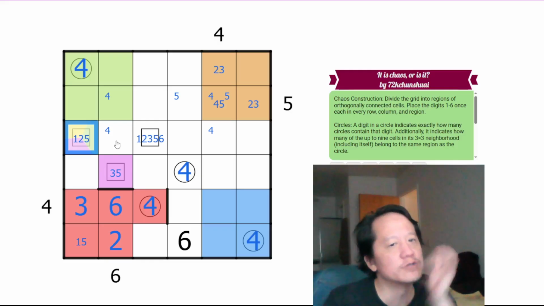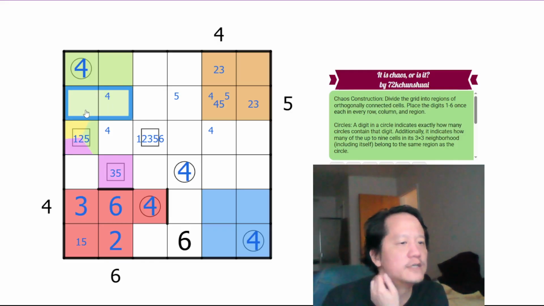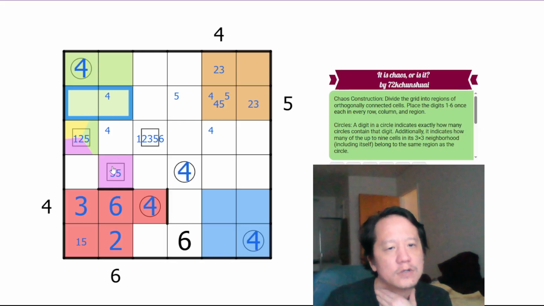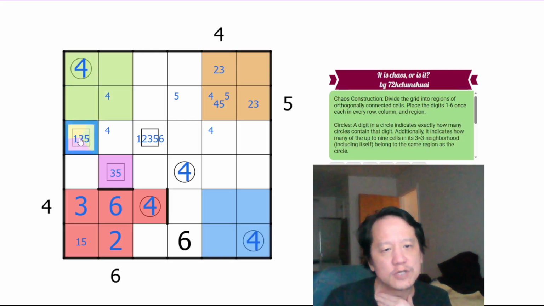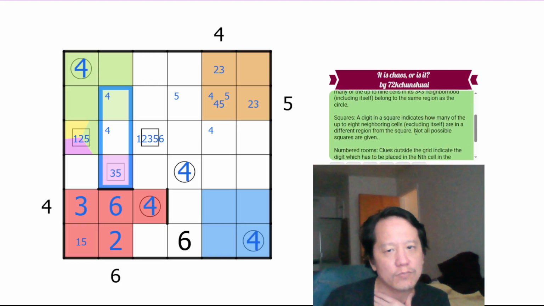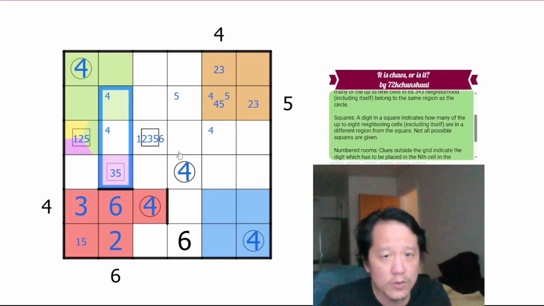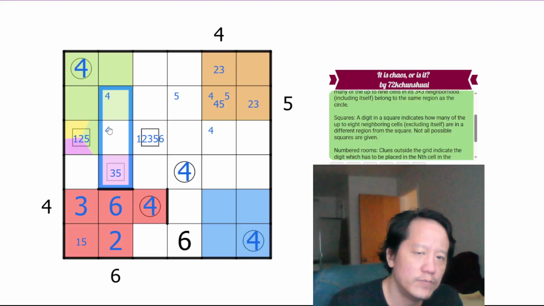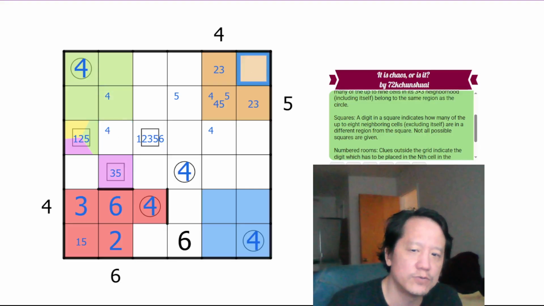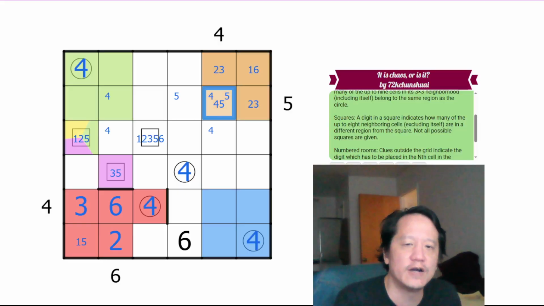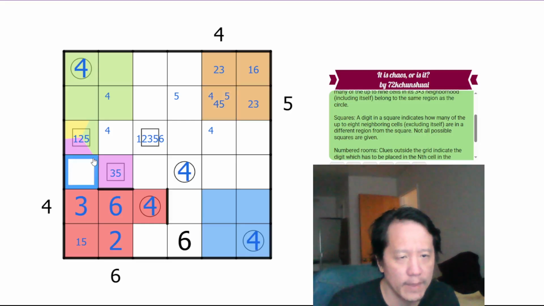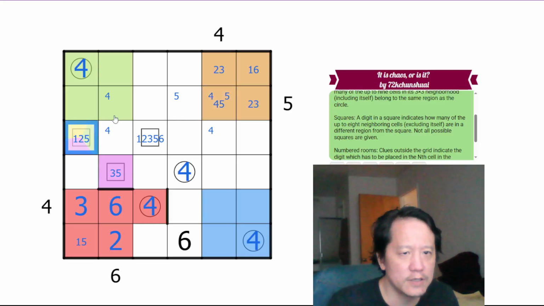It would have to be 2, because we have green as part of its region here, and this could be the most that you could have here in the 3x3 box surrounding this square. This has to be 1 or 6 because 5 is one of these 2 cells and 4 is one of these 2 cells. So if this is green, this is 2.